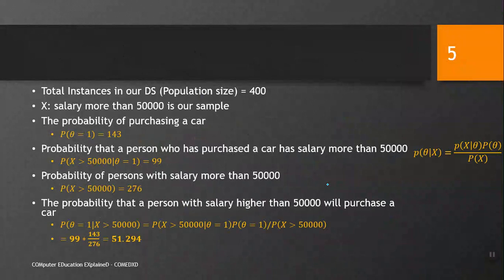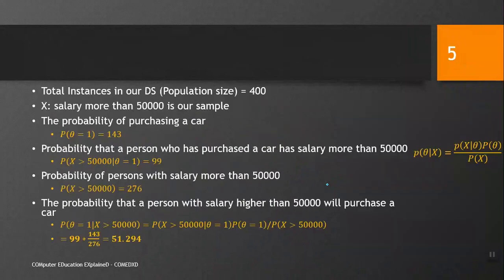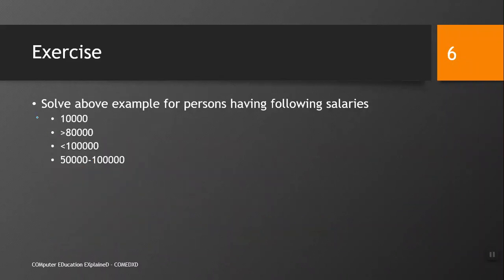On the slide with the example of binary parametric classification, we have seen how to calculate the values. Remember, this could be either greater than or less than or equal to. And here I gave you an exercise to solve a similar kind of problem.